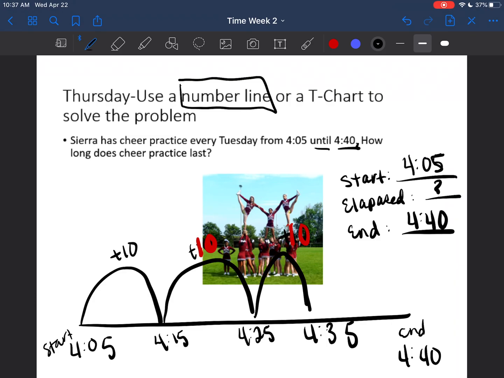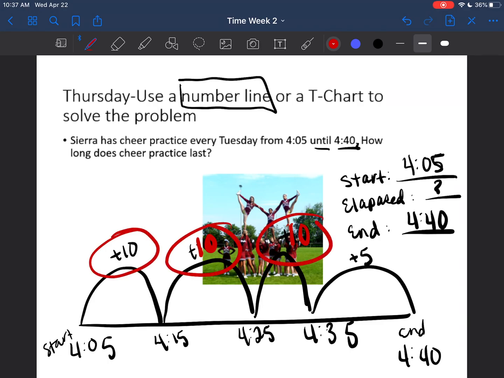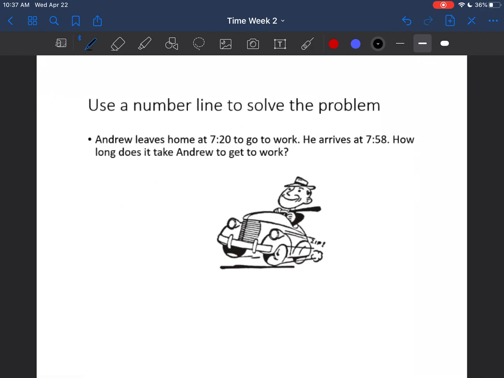So 10 is too big, so I'm going to make a jump of 5. 4:35 plus 5 is 4:40. So how much time has passed? Well, let's add our jumps. 10, 20, 30, 5. How many minutes have passed? 35 minutes.